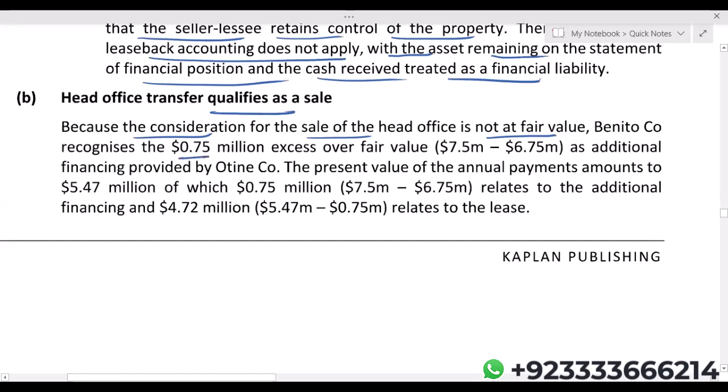So 0.75 is a loan, financial liability, as additional financing provided by the acquiring company. The present value of the annual payment amounts to 5.47, 0.75 relates to the additional financing. So 4.72 is actually lease obligation. I think we did the same thing.